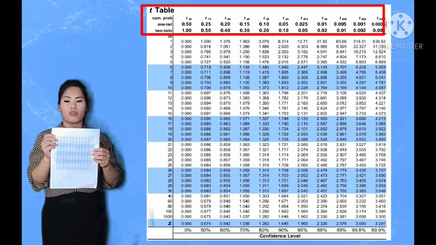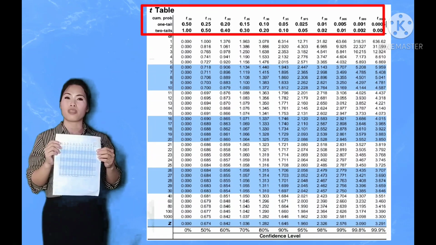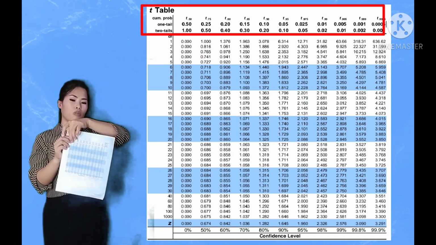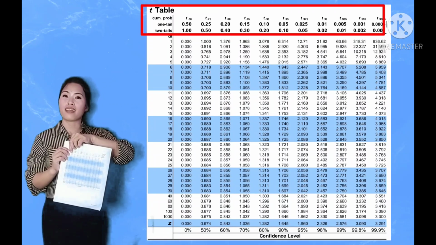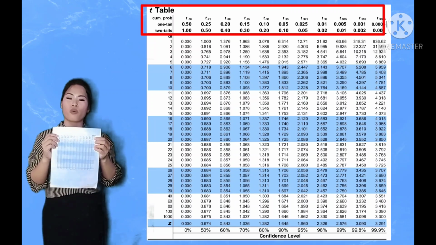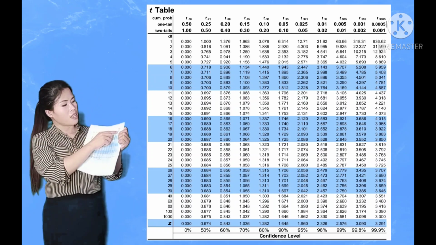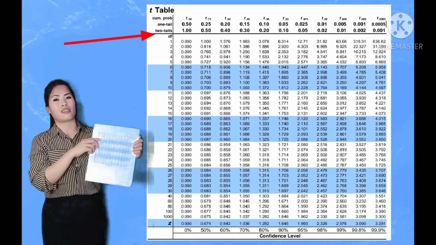The t critical, or the probability value, is 0.01. So we can find that on this side. We're going to use two-tail. Why two-tail? There is one-tail and two-tail.